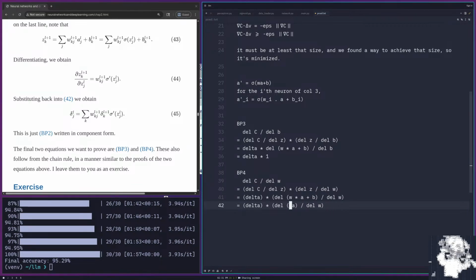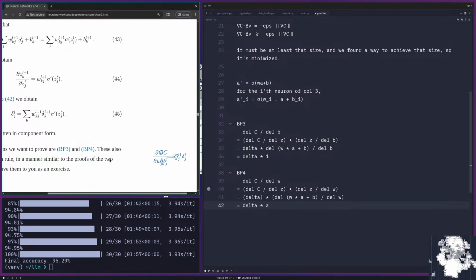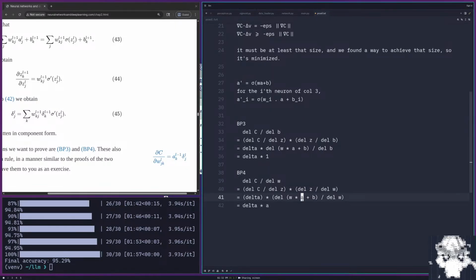The derivative of W times A becomes just A. So delta times A, and BP4 is delta times A. And then I wasn't precise about which layer, but A is from the last layer, because that's just how this equation works: W from this layer, A from the last layer.